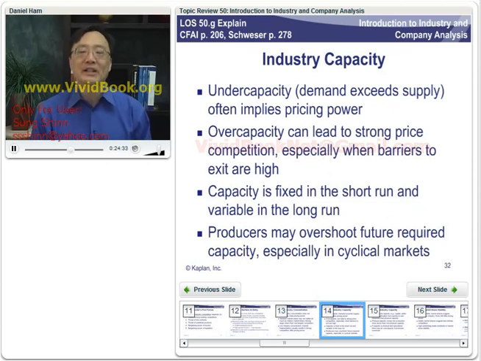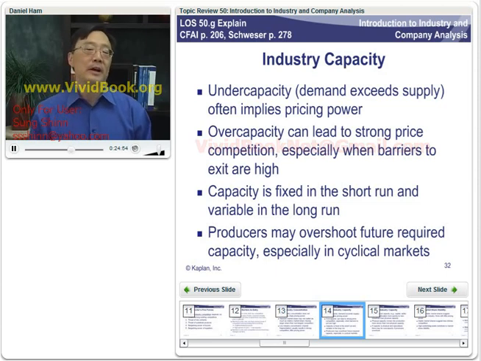Industry capacity. What we mean by capacity is their potential to produce. So undercapacity in general means that all your inputs are working, you're at maximum capacity. Undercapacity means that demand exceeds supply, you're not producing enough for the market. What does that mean?